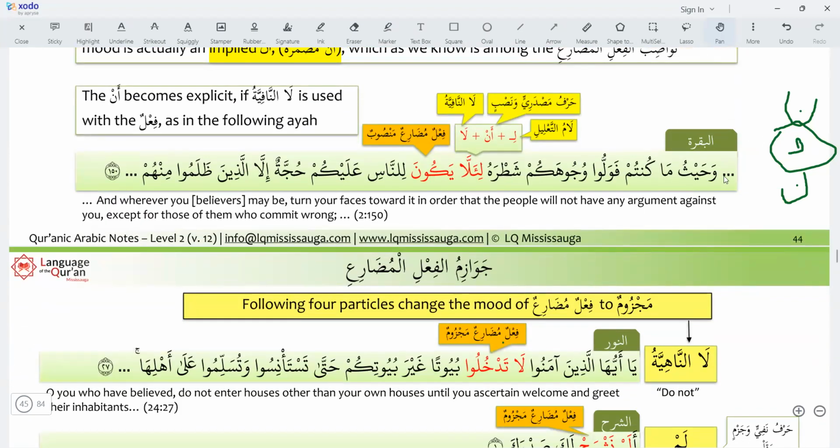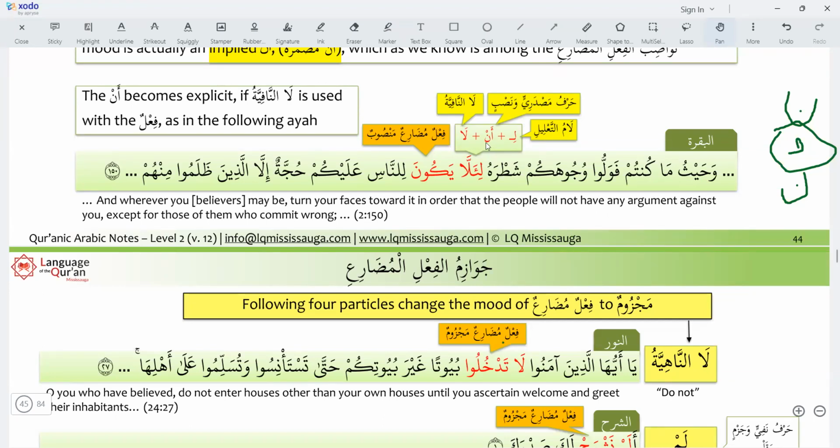Here you see, وَحَيْثُ مَا كُنْتُمْ فَوَلُّوا وُجُوهَكُمْ شَطْرَهُ لِئَلَّا يَكُونَ لِلنَّاسِ عَلَيْكُمْ حُجَّةٌ إِلَّا الَّذِينَ ظَلَمُوا مِنْهُمْ. Here you can see li plus an plus la. And this la is la nafiya. So the first lam is lamul ta'lil.